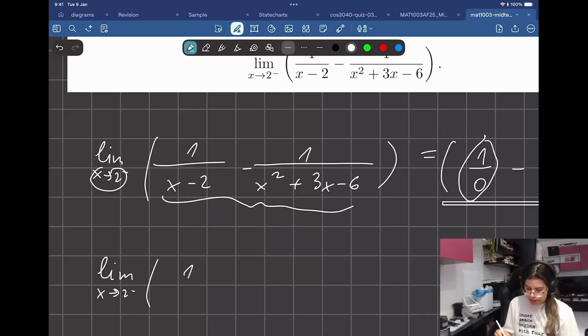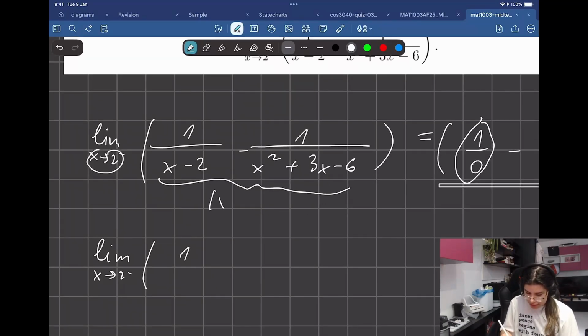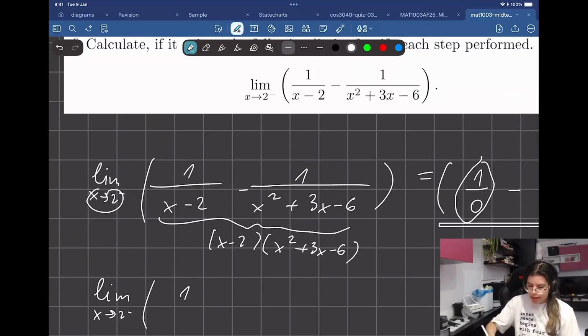Therefore, the common denominator here would just be the product of the two. So that's x minus 2 times x squared plus 3x minus 6, okay? And now, if we take a look at the left fraction, we already have this part. Therefore, we only need to multiply by the right part, okay? So this is kind of like the Bulgarian educational system way of writing it down.